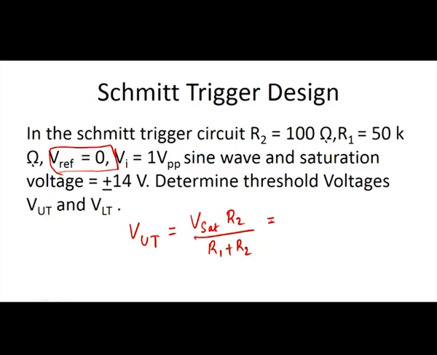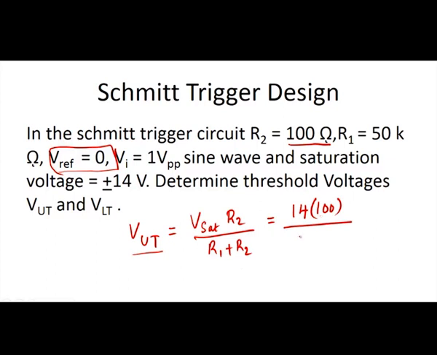and here R2 is given as 100 ohms and V saturation is plus or minus 14 volts. Since we are calculating the upper threshold voltage, we have to take this as plus 14 volts, and R2 is 100 ohms divided by R1 plus R2.